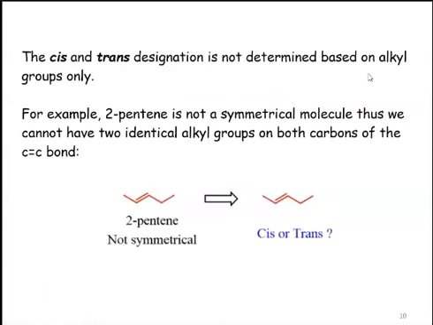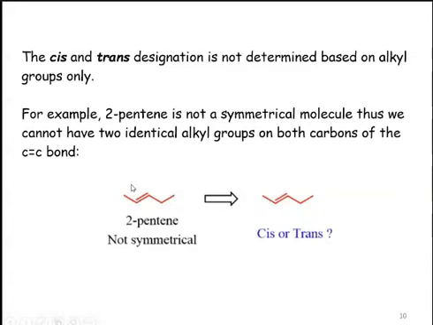Now let us take another example. Here is the example, 2-pentene. What is the peculiarity of the molecule? It is not symmetrical. That is, the doubly bonded carbon atoms are not associated with similar functional groups on both sides.